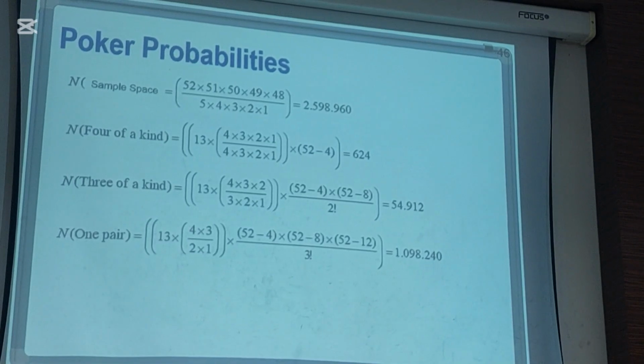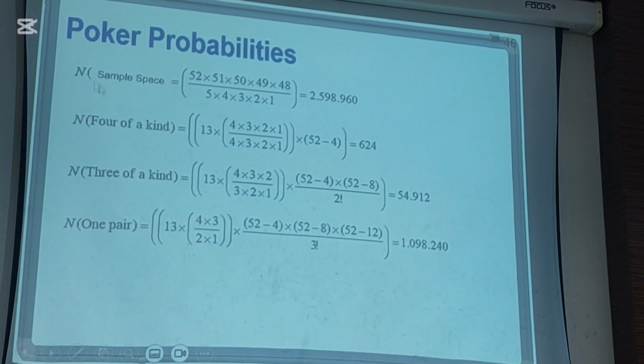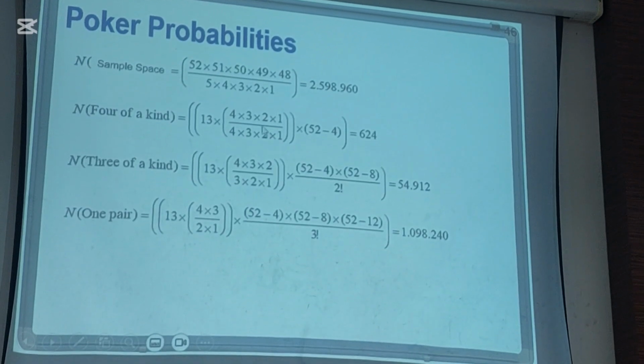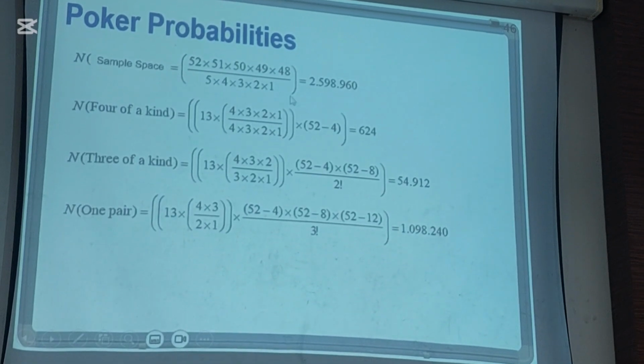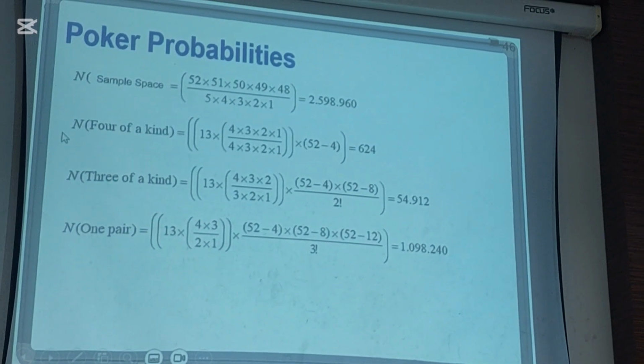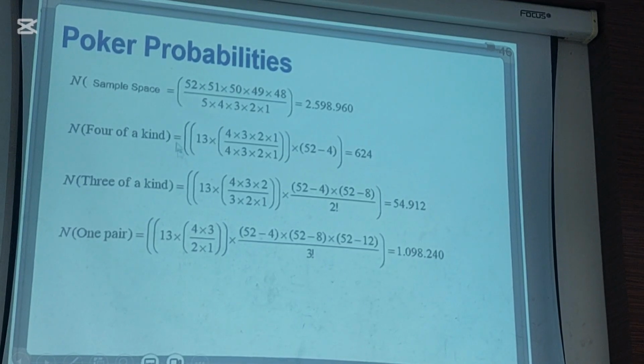This is only the number of sample space, number of all kinds. This is the probability of each kind occurring. The number of ways we can get each kind is.